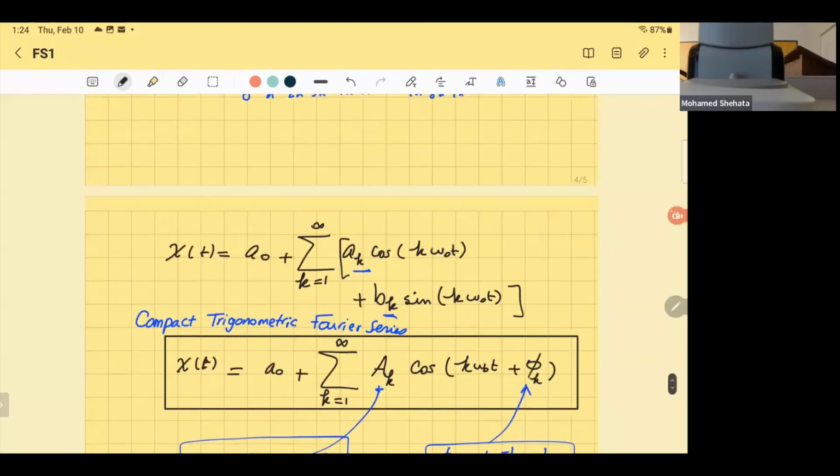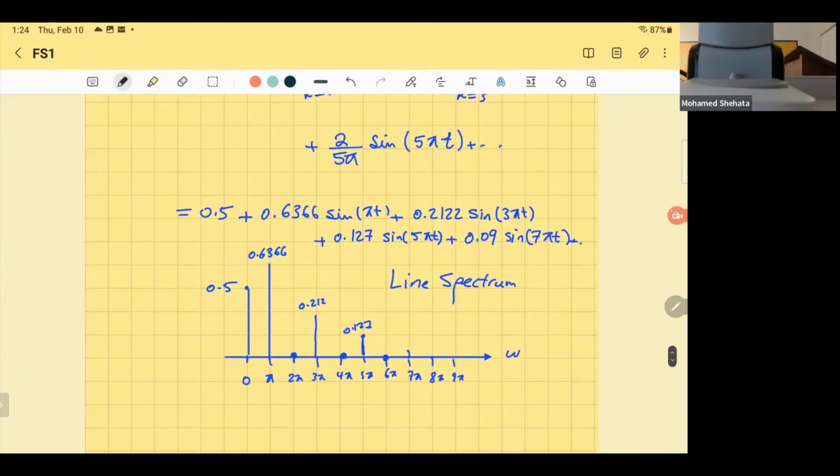What happened here in this example? That's what we have. So what do you think phi is? Of course there is nothing called phi_0, because DC is not sinusoidal, it doesn't have a shift. You start from 1.